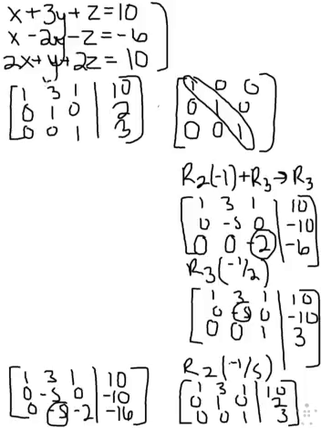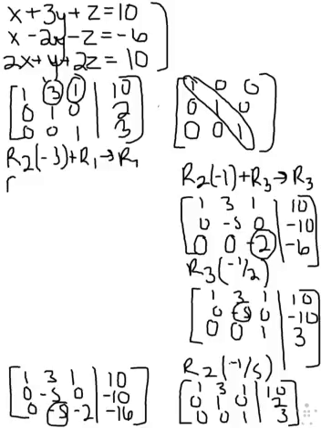So now we just need this 3 to be a 0 and this 1 to be a 0. So I'm going to take row 2 times negative 3 plus row 1. I'm going to store that into row 1. So 0 times negative 3 is 0, plus 1 is 1. 1 times negative 3 is negative 3, plus 3 is 0.